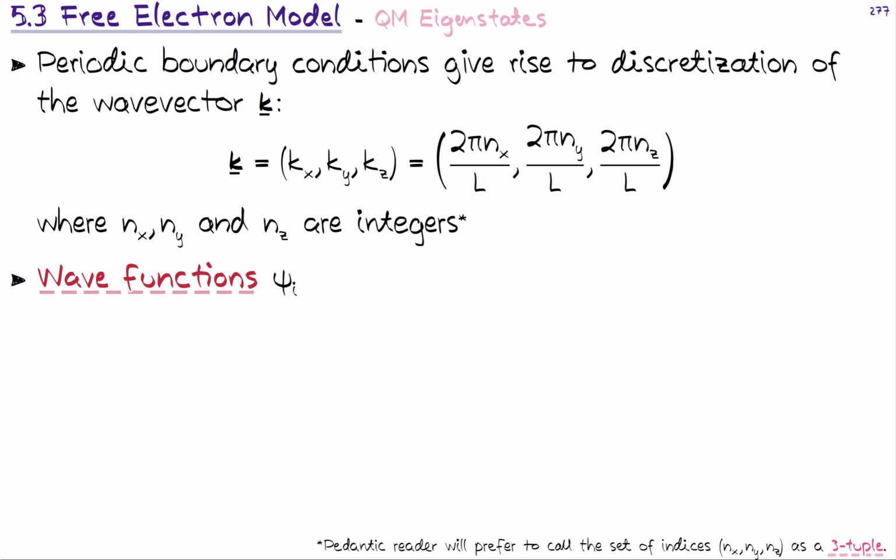But essentially, it just means that it's an ordered set, and these three numbers come together because they are associated with a given state, a given wave function, a given plane wave describing an electron that is propagating in a given direction.